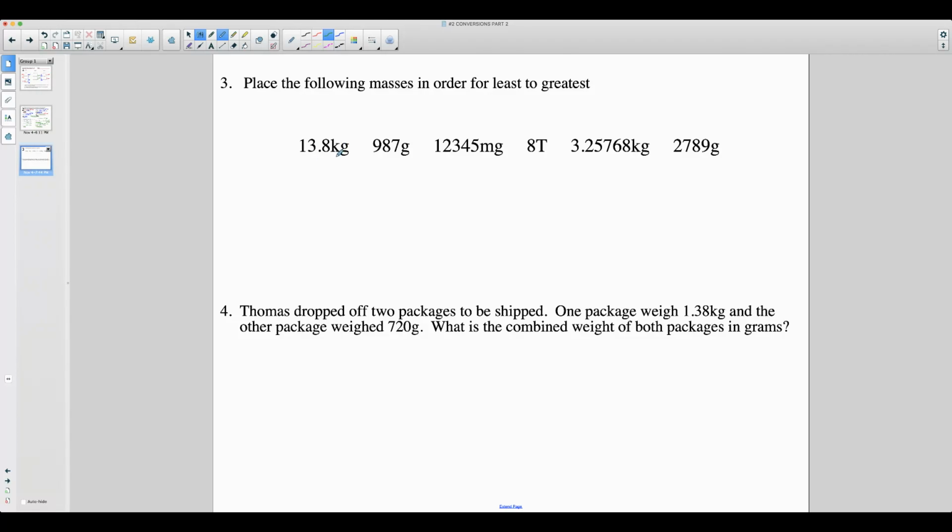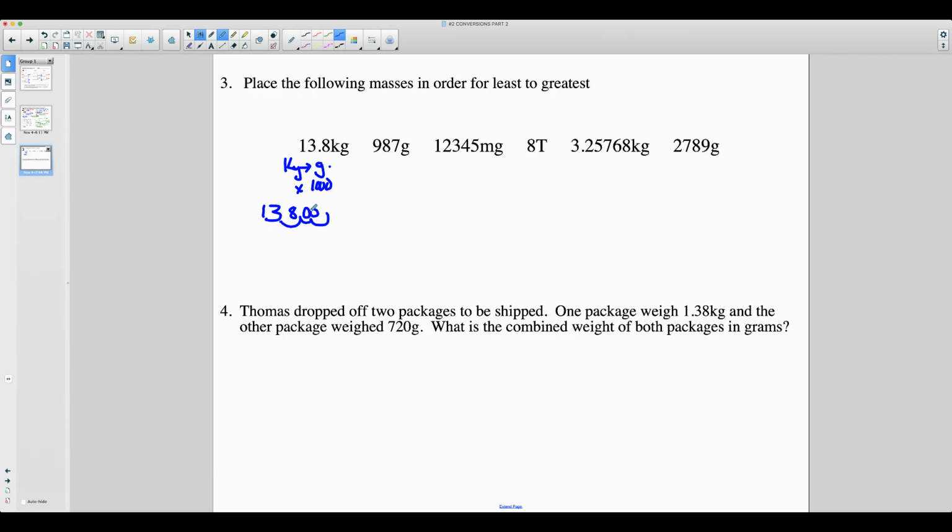So if I'm going to go kilograms to grams, I know that kilograms to grams would be times 1,000, right? So that means I have 1, 2, 3.